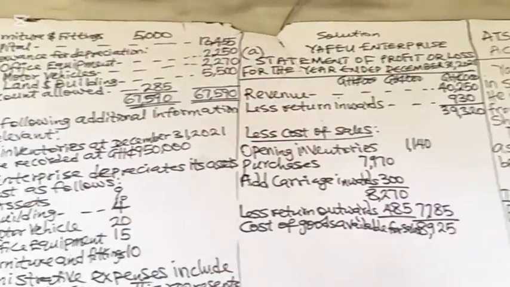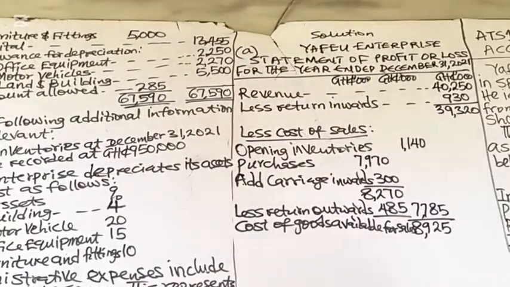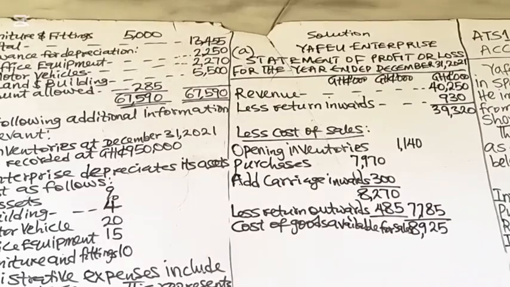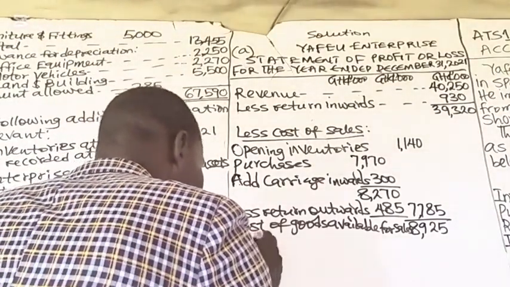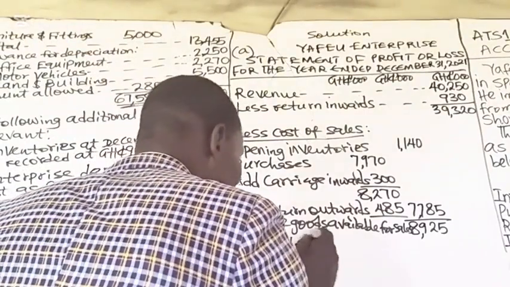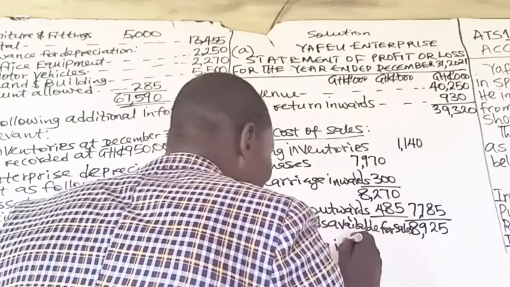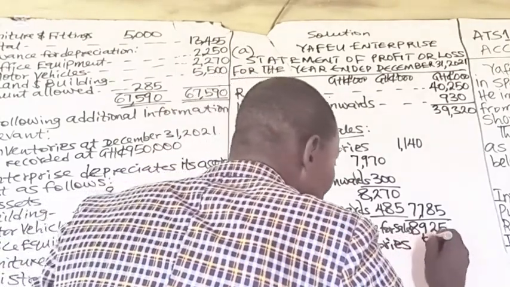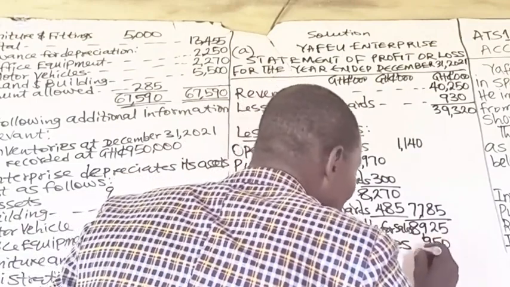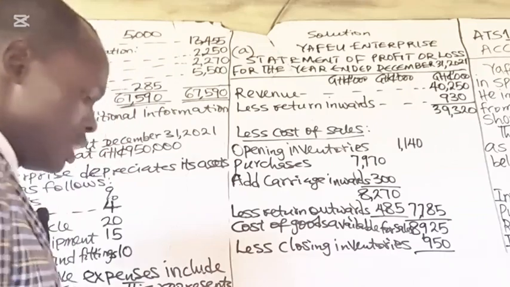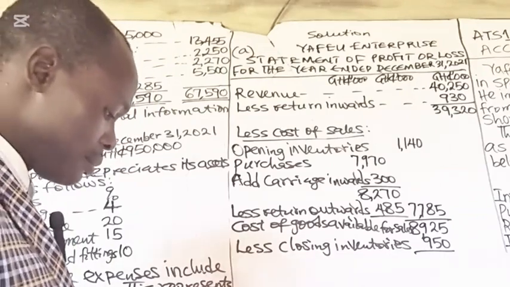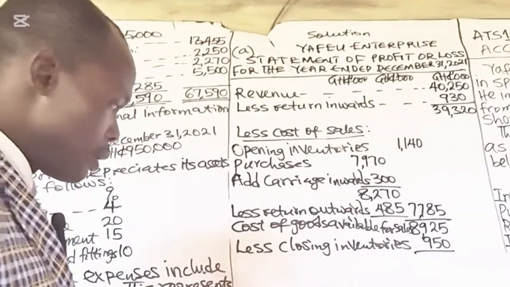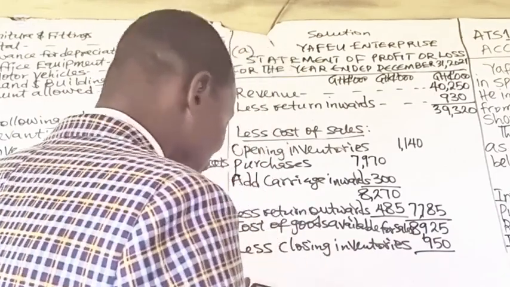The closing inventory will be deducted from the cost of goods available for sales in order to arrive at the cost of goods sold. So we less closing inventories. We have closing inventories of 950. That is from note 1. If you subtract 950, then you have 7975.